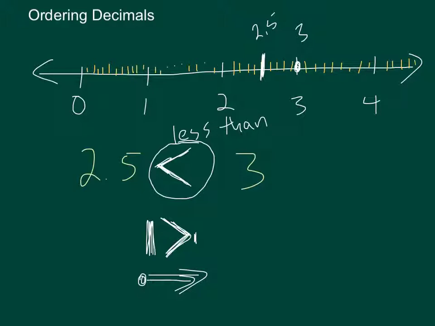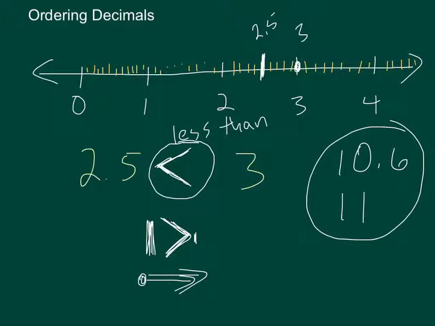Now what if we have a couple other numbers? Let's say 10.6 and 11. And it says compare these two numbers. If we want to compare them, picture where they would be on the number line. So if you had a number line, you have 0 over here, you have 10, and then you'd have 20.